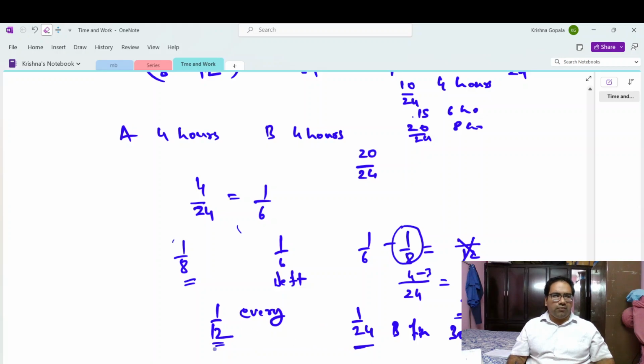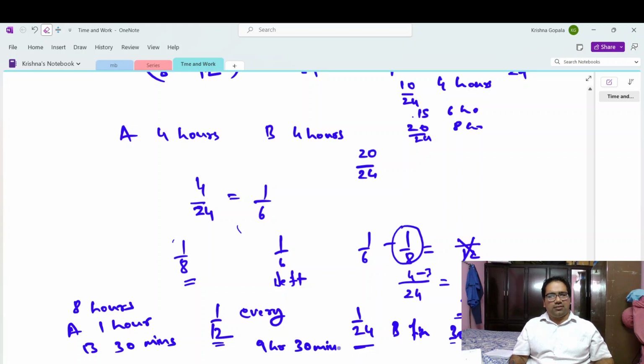Together they worked for 8 hours, then A worked for 1 more hour, and then B worked for 30 minutes. So in total they are taking 9 hours 30 minutes. This is the answer.